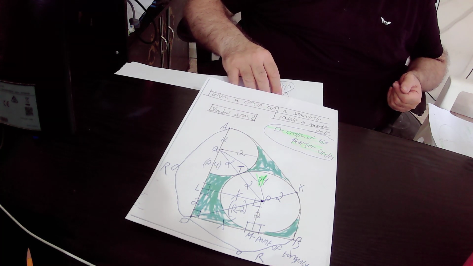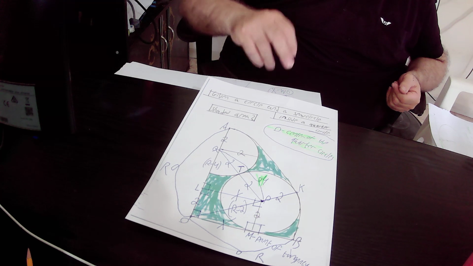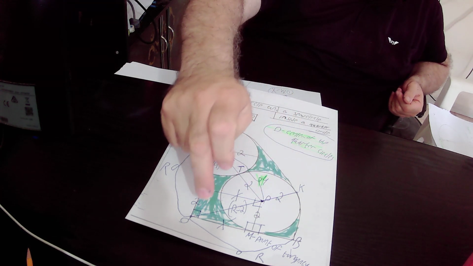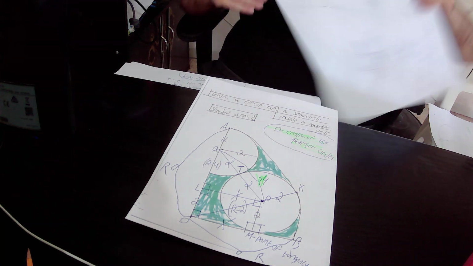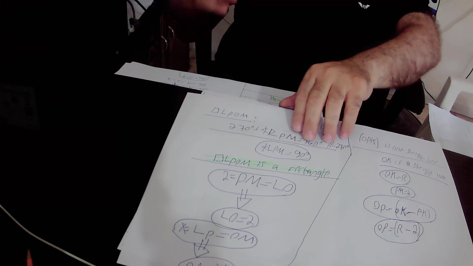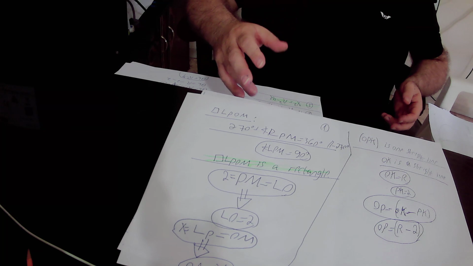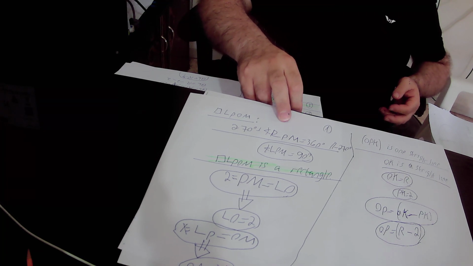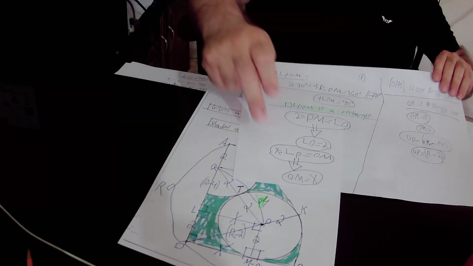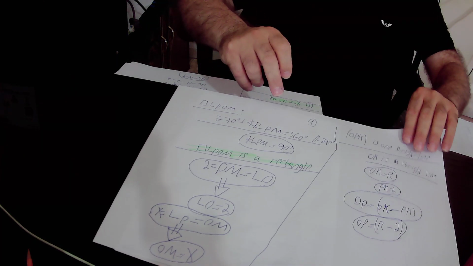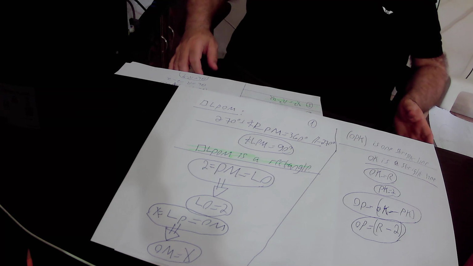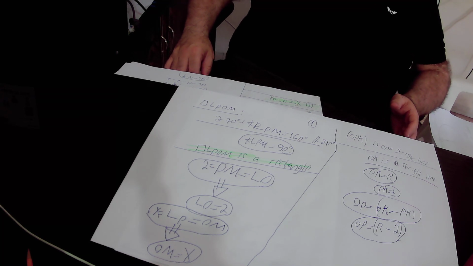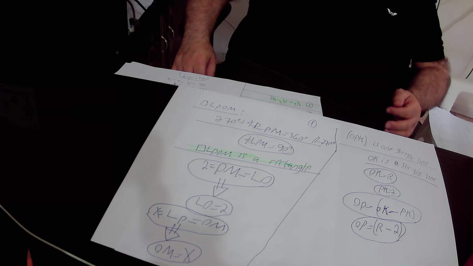Inside quadrilateral PLOM, we have 3 right angles, and the sum of 3 right angles is 90 times 3, which is 270 degrees, plus the size of the fourth angle, angle LPM. The sum of those 4 angles must be equal to 360 degrees, according to the rule that the sum of the angles in any quadrilateral is equal to 360 degrees.